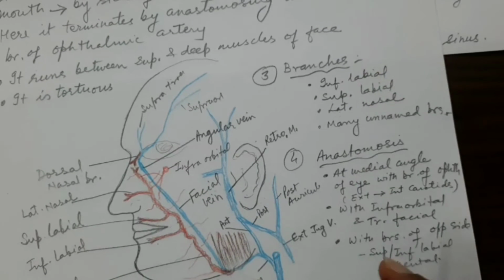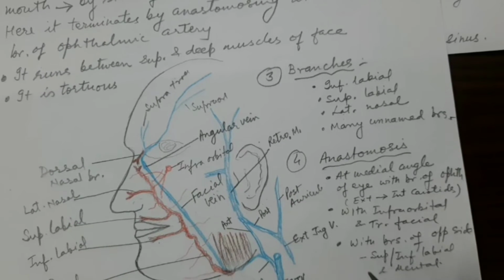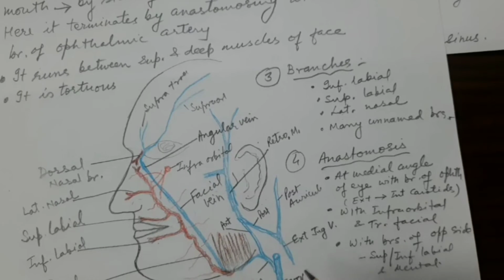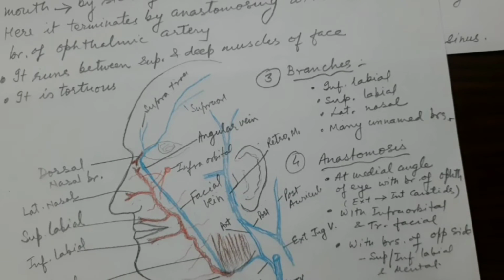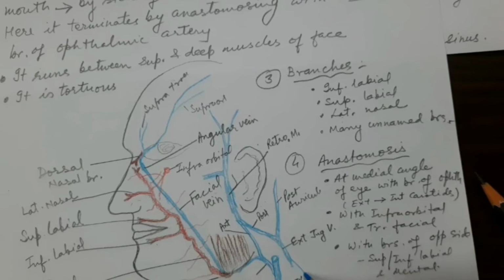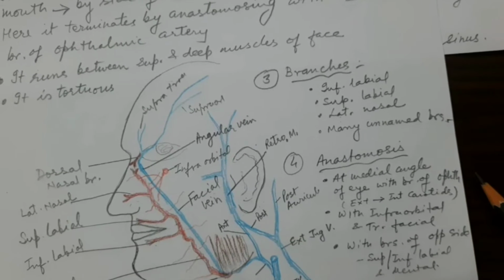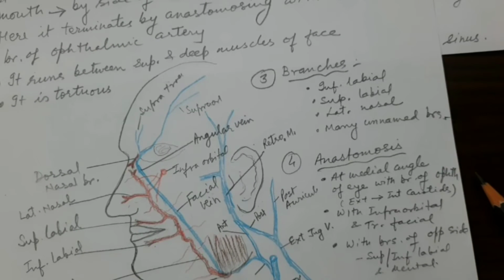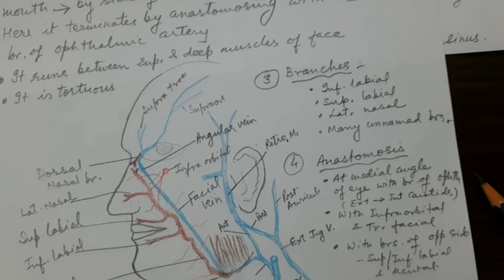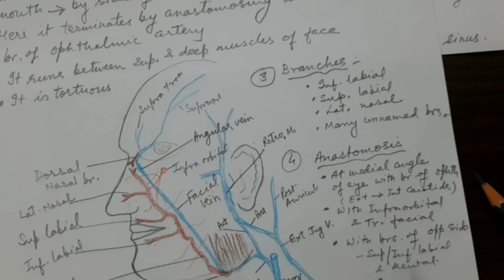I will just give the name IJV, internal jugular vein. Just remember it. And the external jugular vein will go down near the root of the neck. I am drawing it irregular here, and this will open into a vein which is called the subclavian vein. This is the subclavian vein.